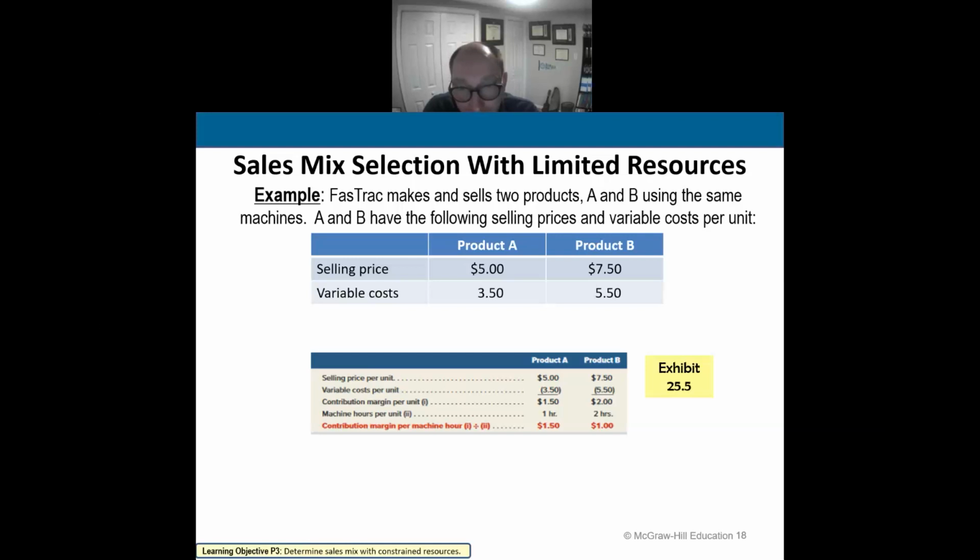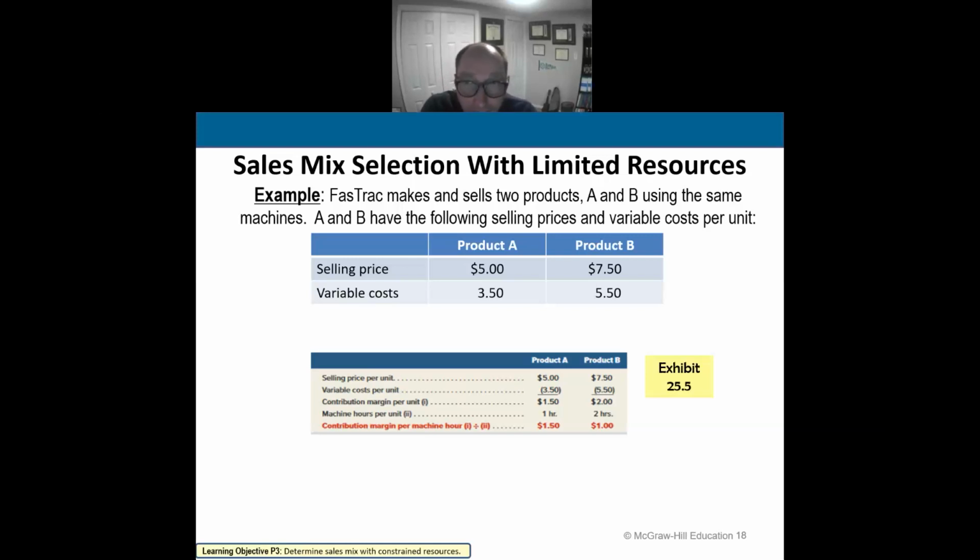So here's some data. For wiper blade A, the standard wiper blades, we sell them at $5 a set. The cost of manufacturing each set is $3.50 for the standard. Wiper blade B, the one with the Rain-X, we sell for $7.50. And the total variable cost on those is $5.50.